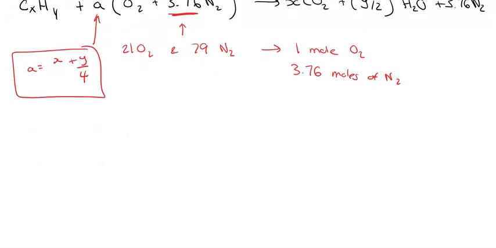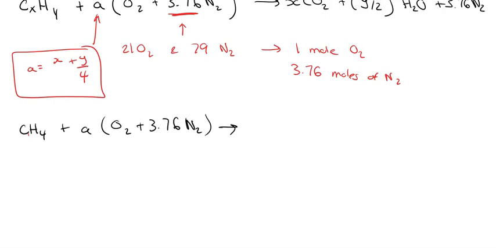So if we actually go and choose a hydrocarbon, let's use CH4 as an example. We'll leave A as it is for now, and we'll fill it in just a minute. Now, we see that our C is technically 1 for this hydrocarbon.